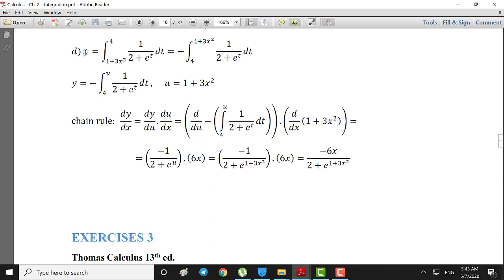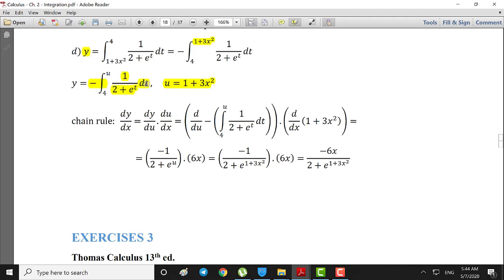Now, in order to calculate the derivative of y with respect to x, again, for this integral function that we have here, we need to consider this upper limit as another function like u and write y as minus integration from 4 to u of 1 over 2 plus e to the t dt.